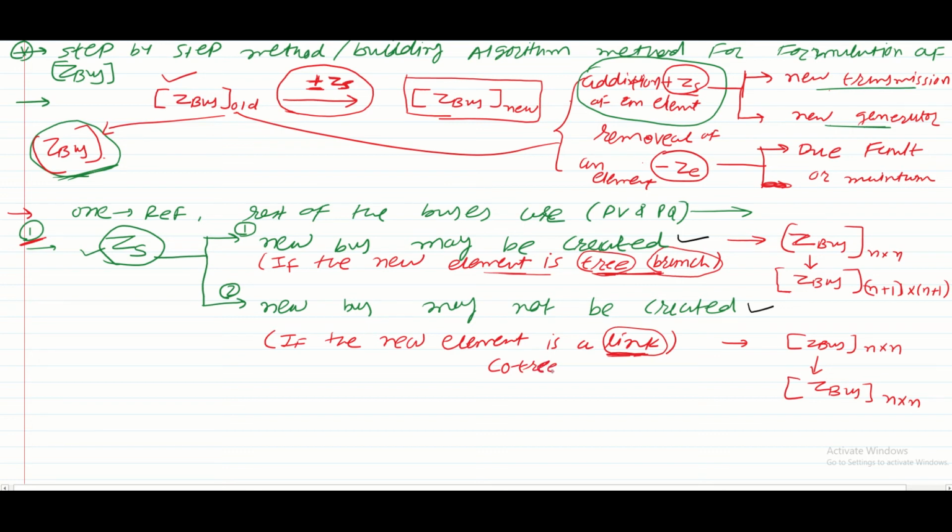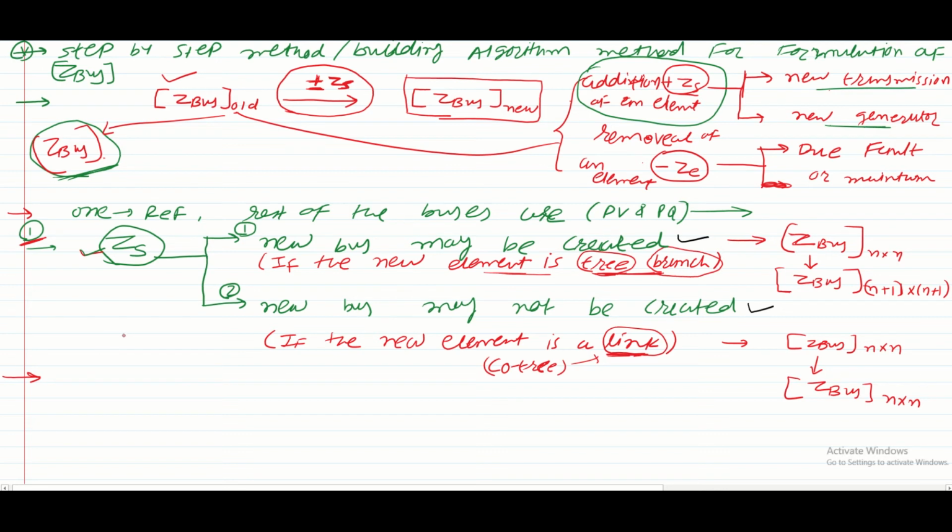We have already seen the co-tree. I hope you have clear up to this. Each of these two possibilities is divided again into two sub-possibilities, so total four possibilities for this step-by-step method when a new element is added into the system.